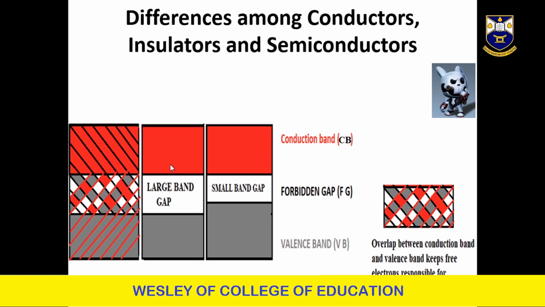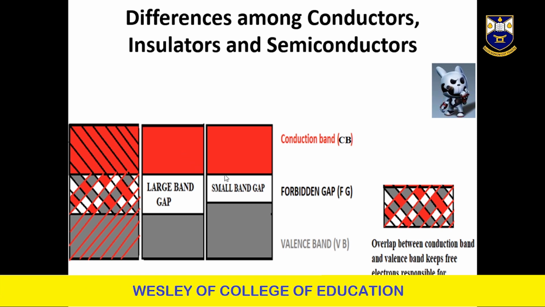And because that amount of energy is difficult to come by, no electron can move from the valence band and cross to the conduction band. Hence, insulators do not conduct electricity at all, or they do not allow electrons to pass through them.